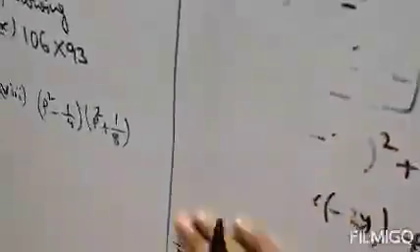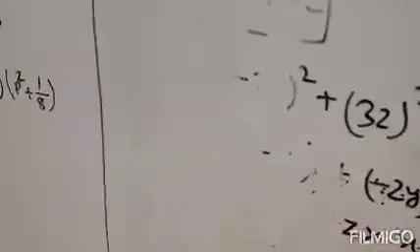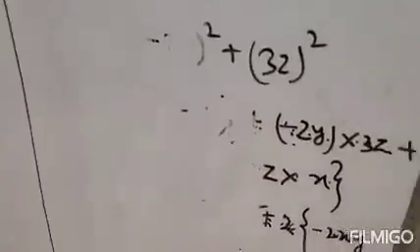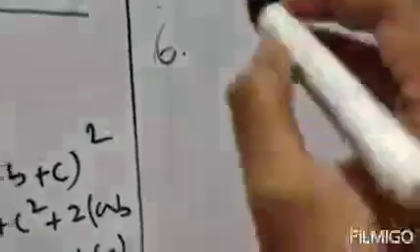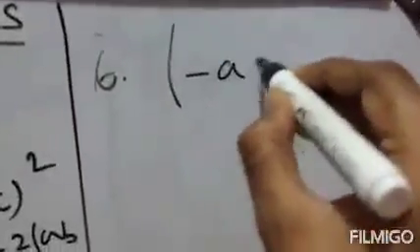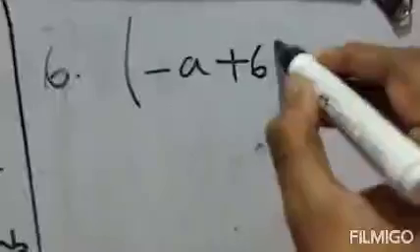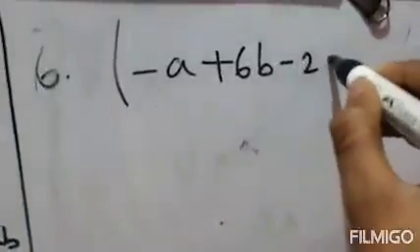Next question. Next question is question number 6. Question number 6 is minus a plus 6b minus 2c whole square.